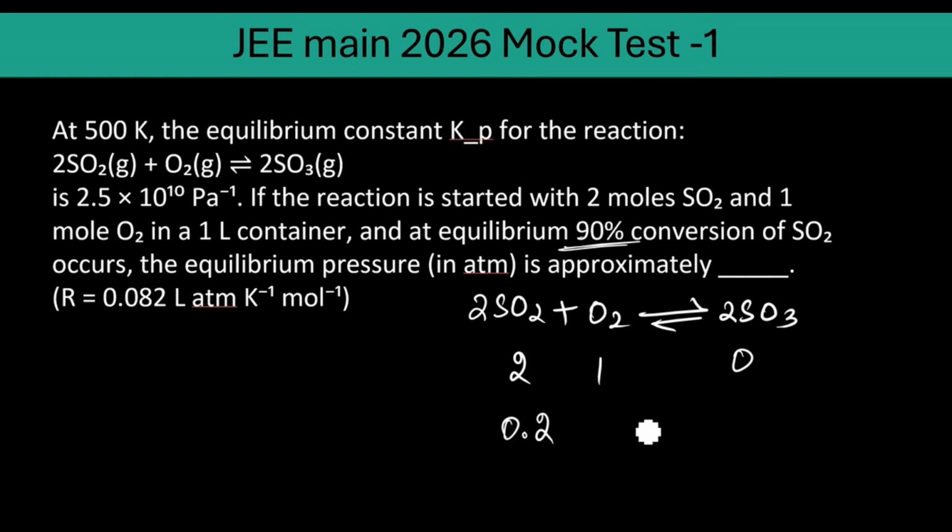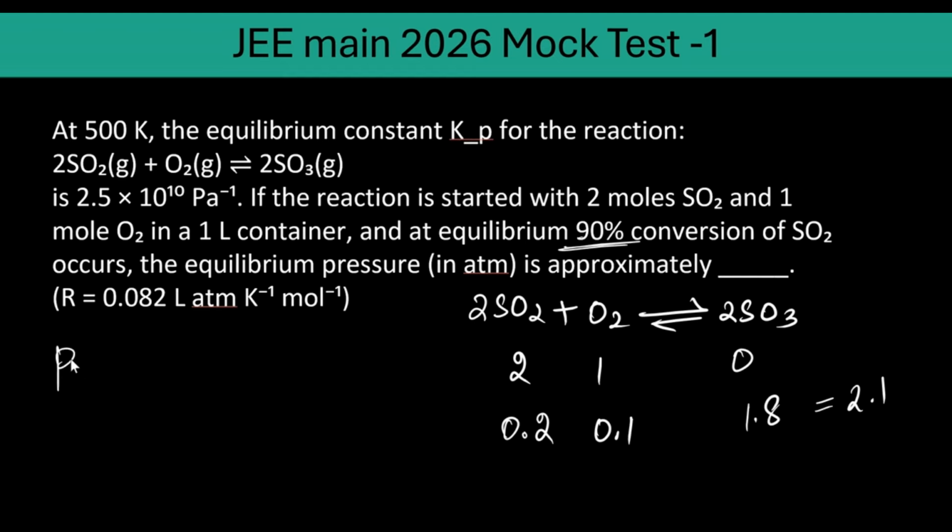So remaining I will be having 0.2, and for O2, after conversion, sorry, 1 minus 0.9, that is 0.1. Now how much must have been formed? That is 1.8. So total moles here, 0.1 plus 0.2 plus 1.8, that is 2.1 mole. What they are asking, the equilibrium pressure is approximately.